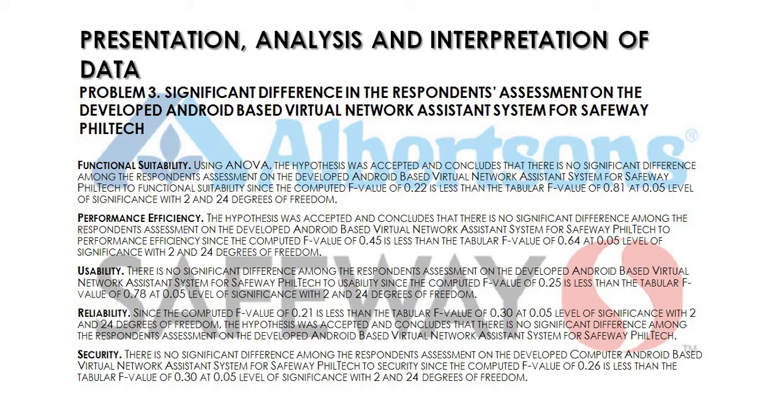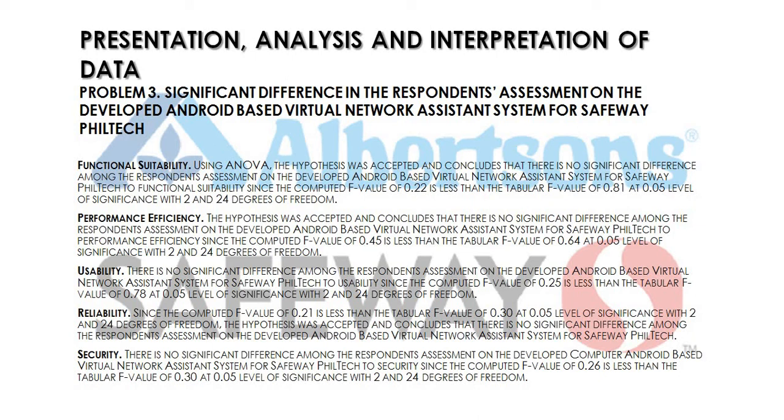Problem number 3. Significant difference in the respondents' assessment of the developed Android-based virtual network assistance system for Safeway PhilTech. Functional suitability.